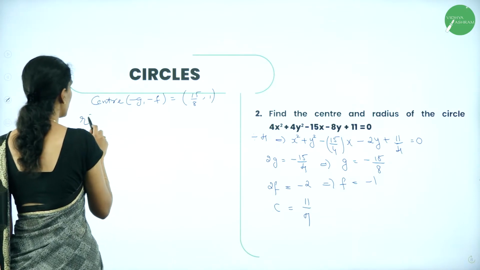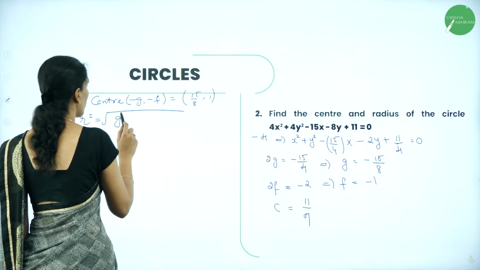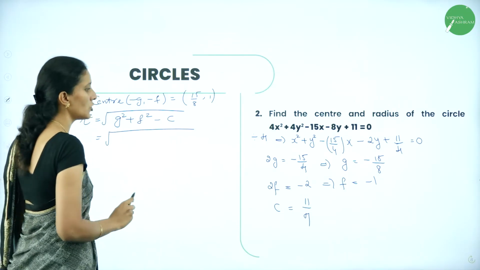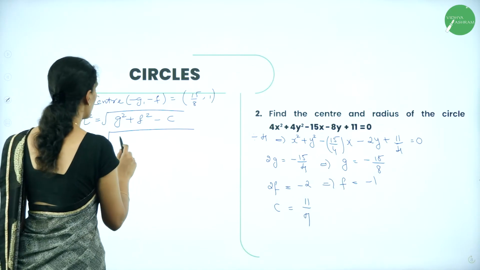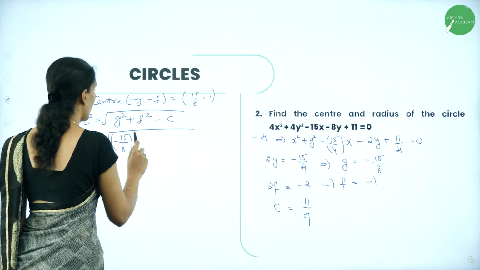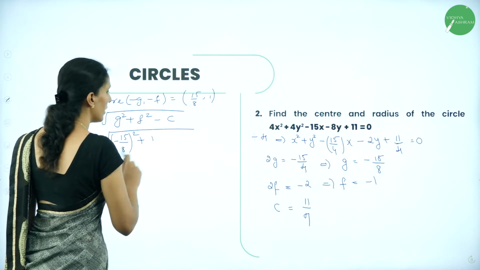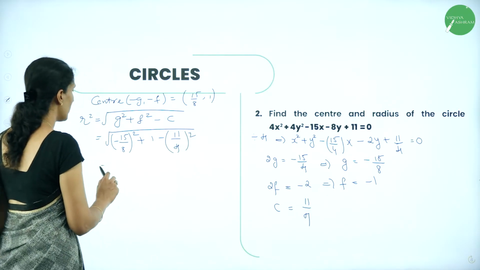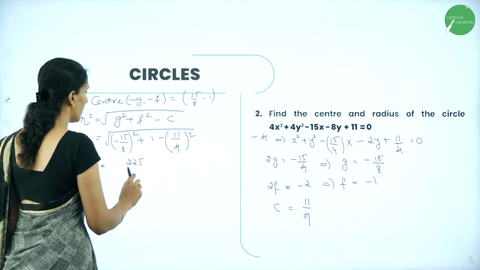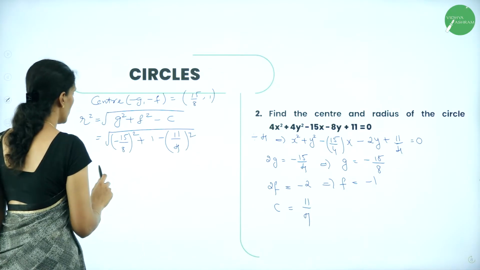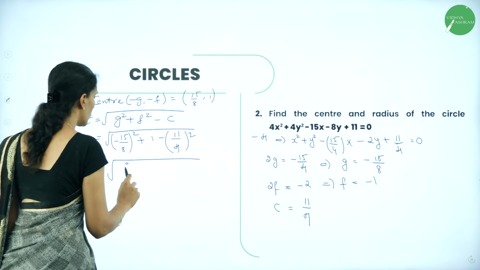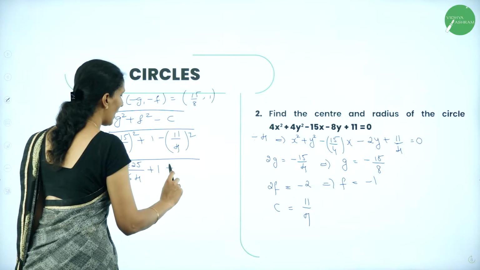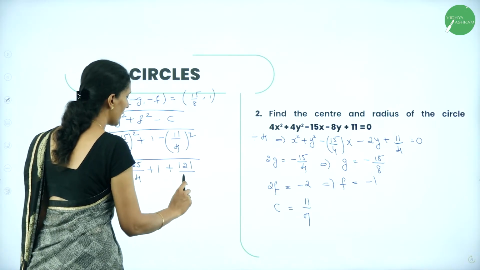Next, the radius is the square root of g² + f² − c. So it is the square root of (−15/8)² + f², which is 1, minus 11/4. So let us solve this. This is equal to the square root of 225/64 + 1 − 11/4.